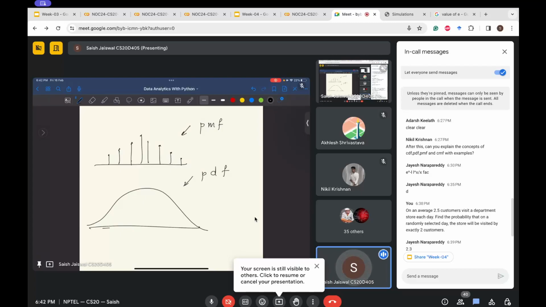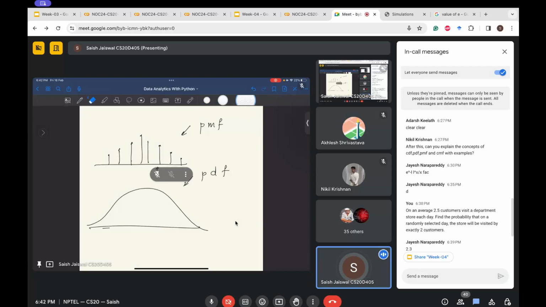So probability mass function, every random variable will have certain probability associated with it. But in the case of PDF, as we saw, we define probabilities in terms of area under the curve.